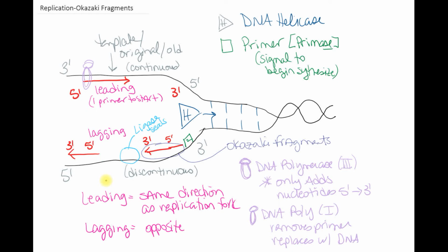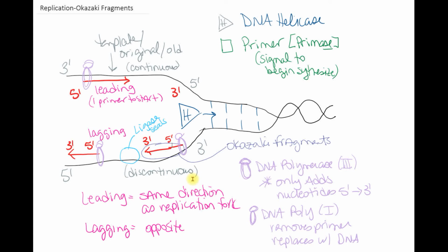So again, it's going to take this DNA polymerase 3 and start moving and attaching those nucleotides and building away from the replication fork. And then it'll come back and lay down another primer, primase, okay? And again, we will have our DNA polymerase 3, and it will start connecting A's, T's, G's, and C's, etc. And it will continue doing that in segments.